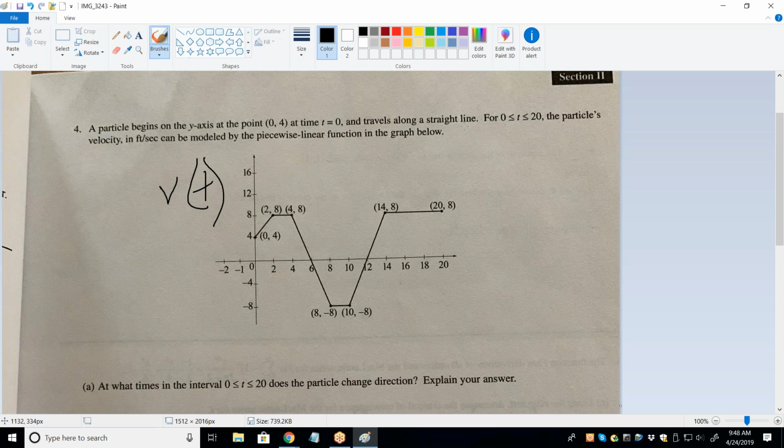No, I think they mean the straight line is the x-axis. So it begins right here and it moves back and forth on the x-axis. It would be incorrect to interpret the particle as following that line. Okay.